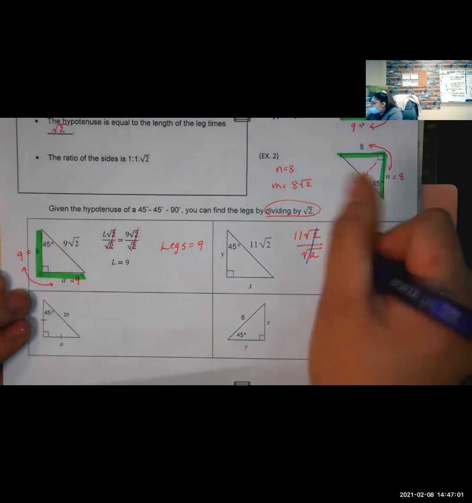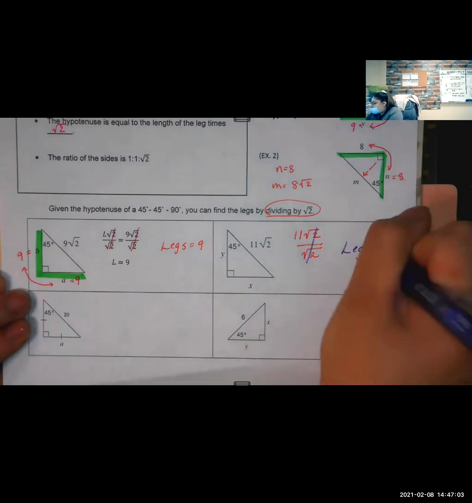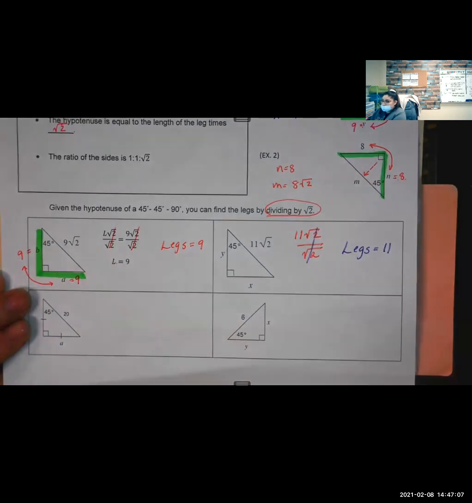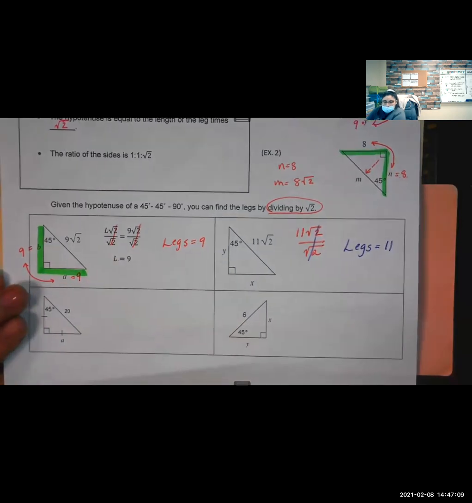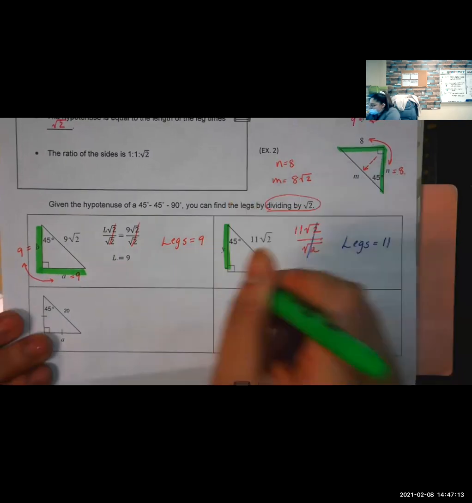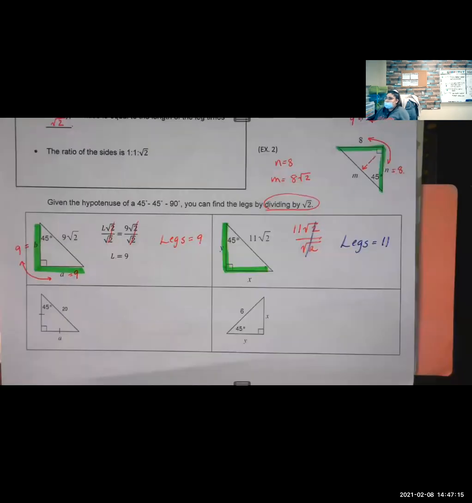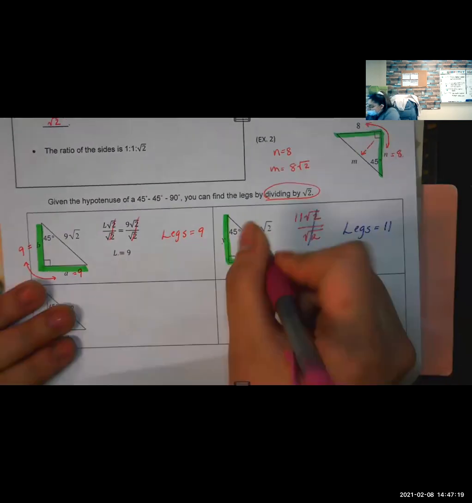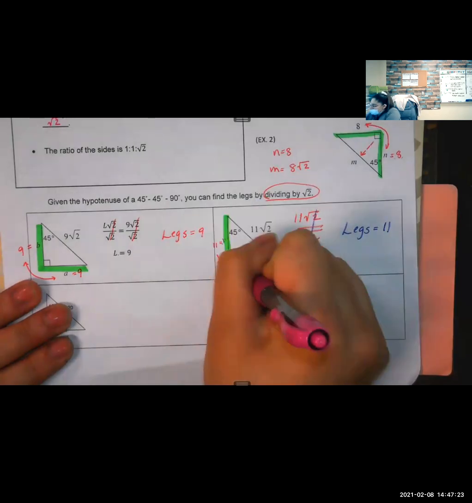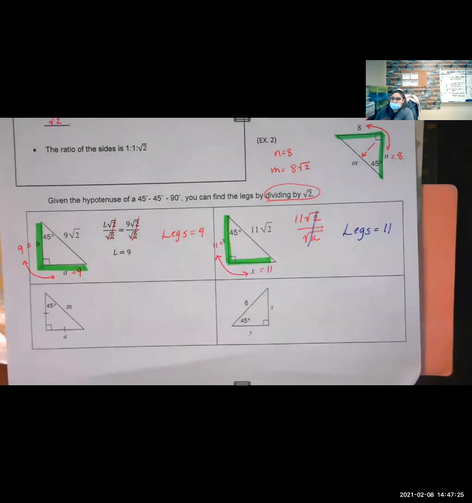So this means that our legs measure 11. And again, for our visual students, you can outline those legs, and if one leg is 11, then the other leg is also 11. They must be congruent because these triangles are isosceles.